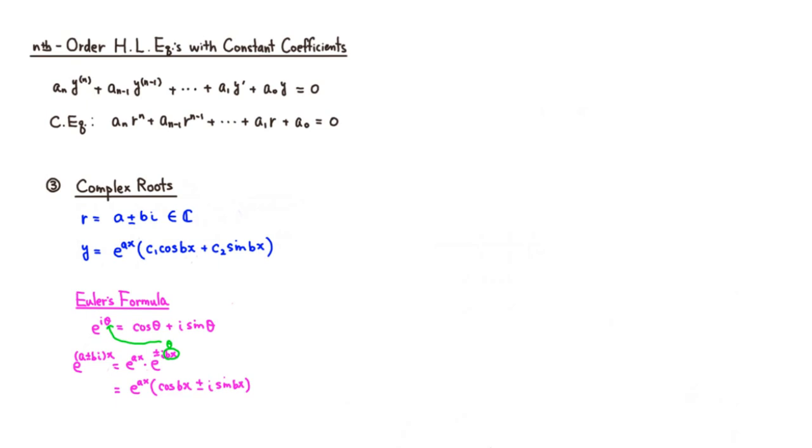Then why don't we look at the following example? We have this differential equation, so let's solve this one. Write down the characteristic equation: we would get r squared minus 6r plus 13 equals 0. I'm going to use the quadratic formula.